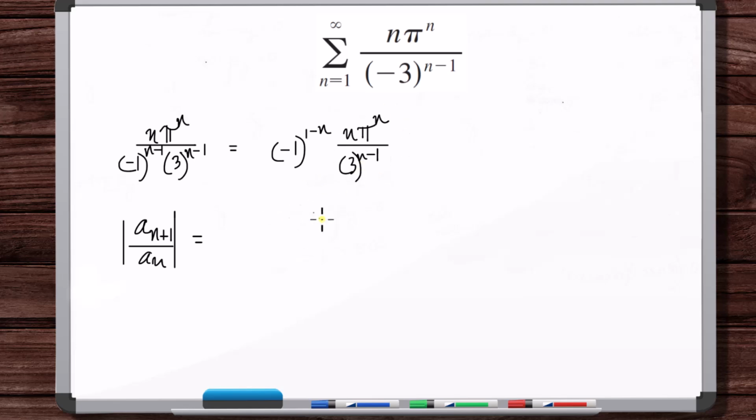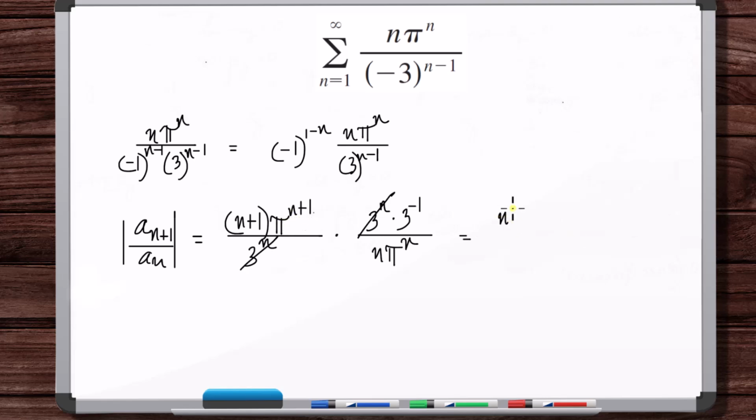So for this, we could just remove the absolute value and divide a sub n plus 1 by a sub n. So we've got n plus 1, pi to the n plus 1, and then 3 to the n plus 1 minus 1 is just n, 3 to the n. Then we've got 3 to the n minus 1. That's 3 to the n times 3 to the minus 1. And then n pi to the n. And this is pi to the n times pi.